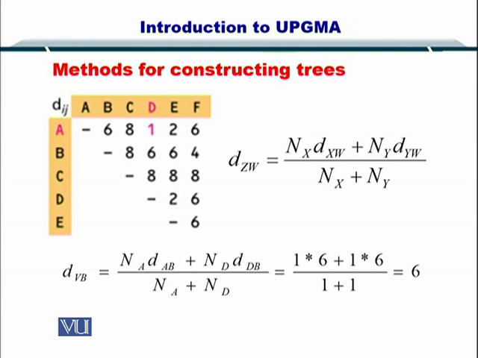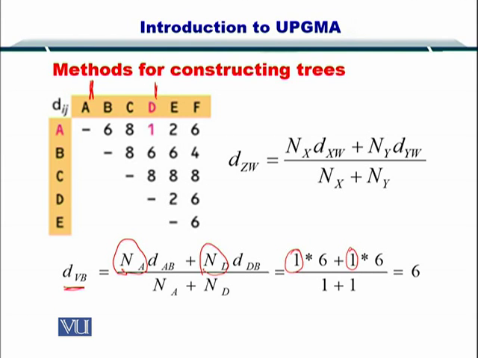So here is your distance matrix, and the distance formula that we discussed earlier, the distance between two clusters, is the distance between V and B. The number of sequences in A is one sequence only. The number of sequences in D is also 1. So here you go, 1 and 1.